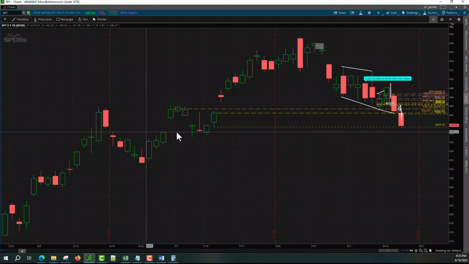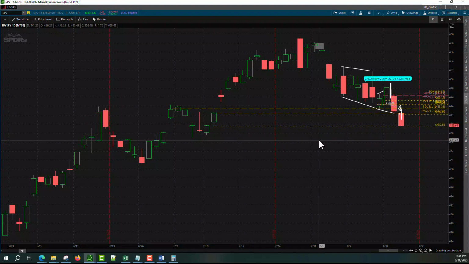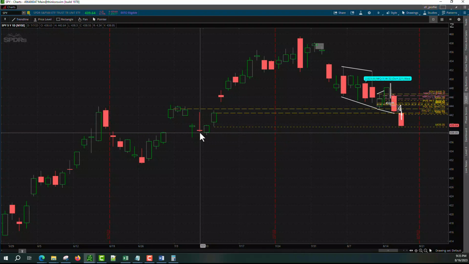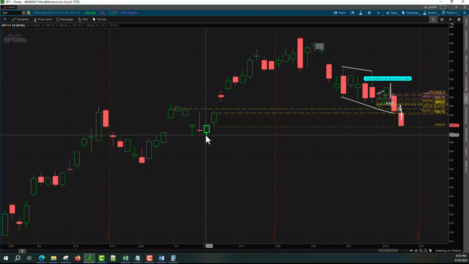You see, basically it refused, retested the order block, this fair value gap, and I think it went all the way down here, but it hasn't taken this sell side liquidity here. I believe it's going to retest this so-called order block right here, or even it may go down and take the sell side liquidity right here.